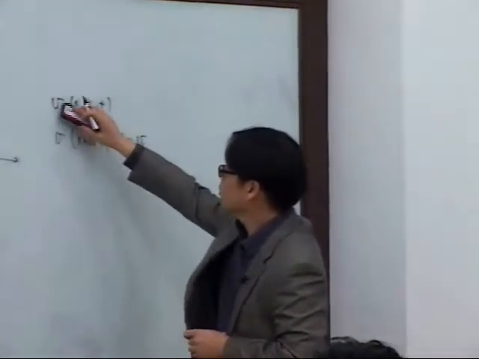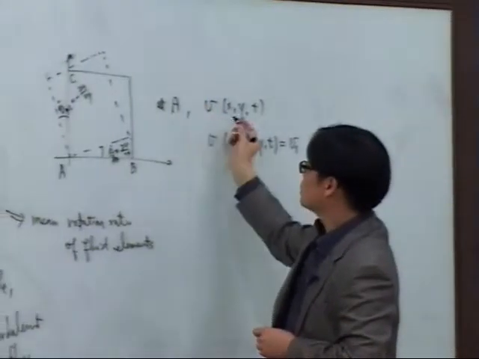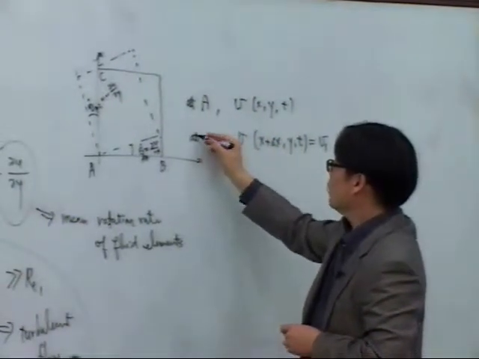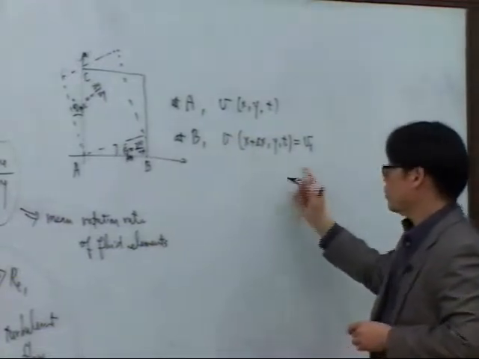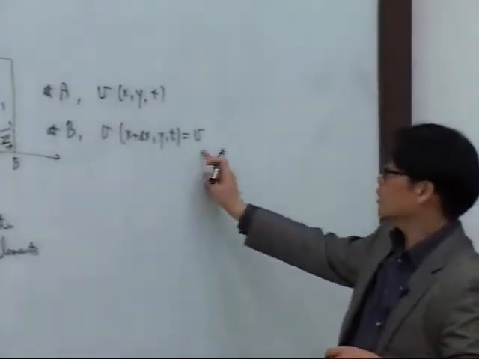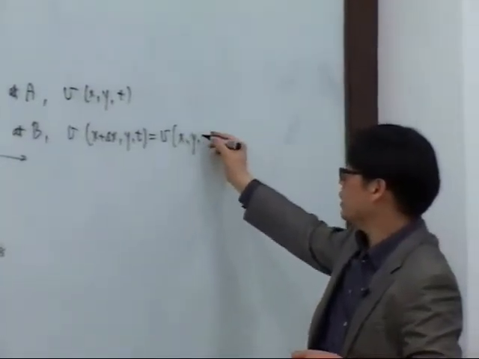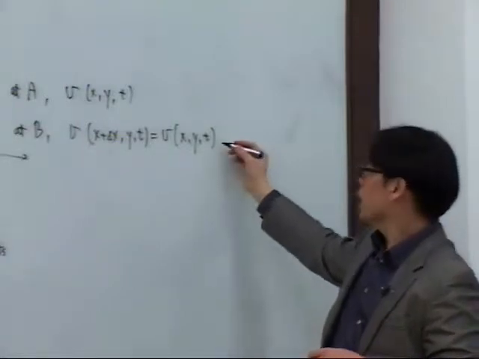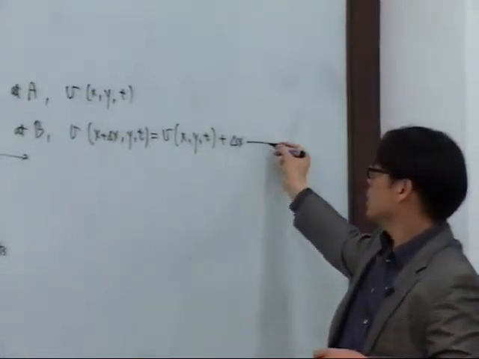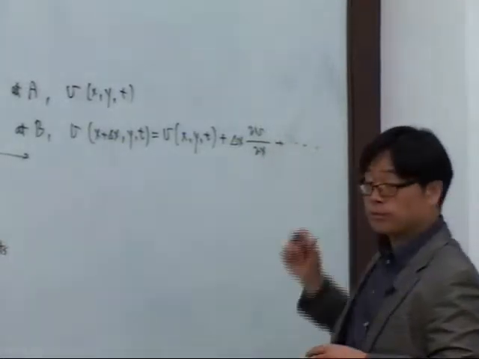So let me draw. At point A, this is the vertical velocity. At point B, this is the vertical velocity, and then I can use Taylor expansion to write this as a function of x, y, and t. And then I have delta x dv/dx, and so on.